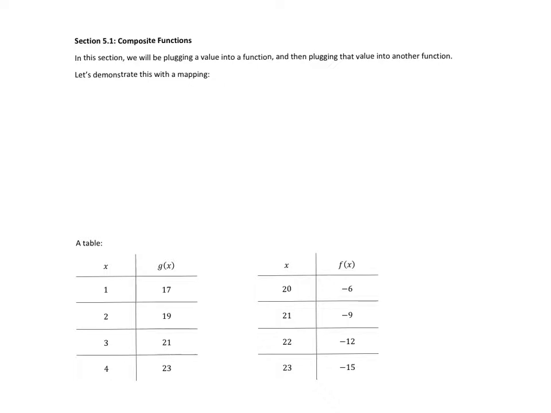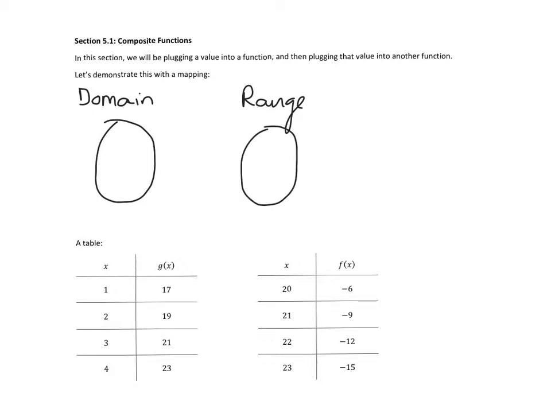We would have our domain of all of our x values, and then we'd have a mapping into the range. So I'll just call it x, something generic. And then let's say our function f would take x to f of x.